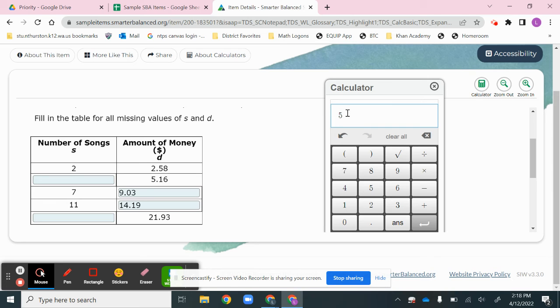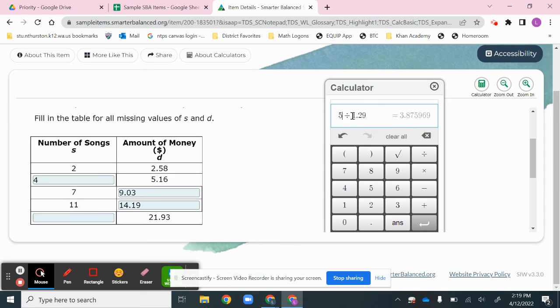So 5.16, oh wait, whoops, 5.16 divided by, how much do we have? $1.29 equals 4. So the answer to this one is 4.